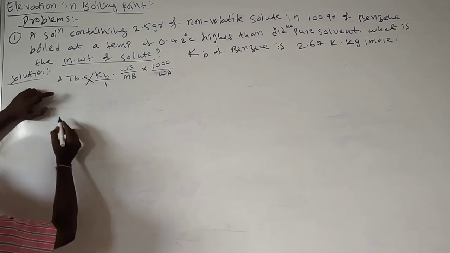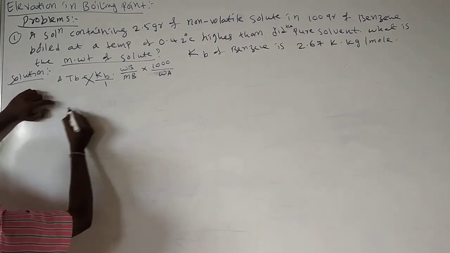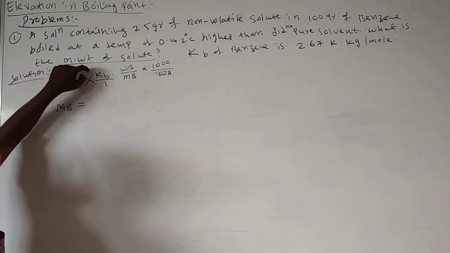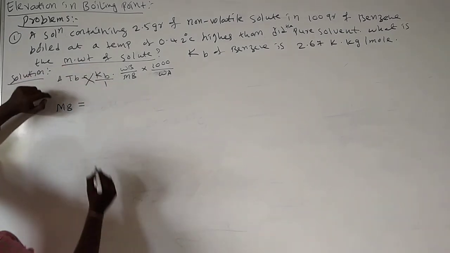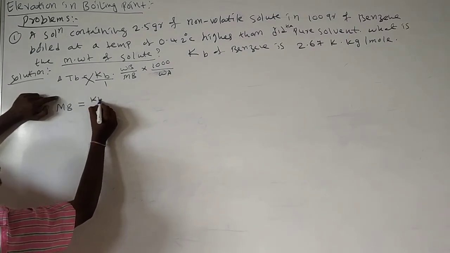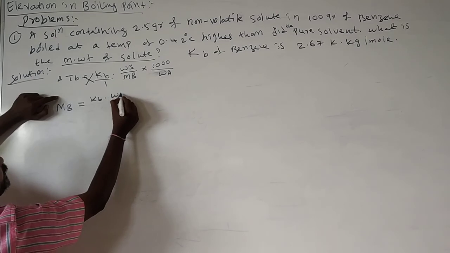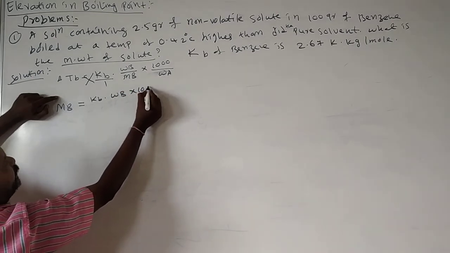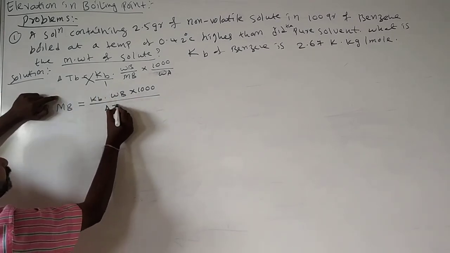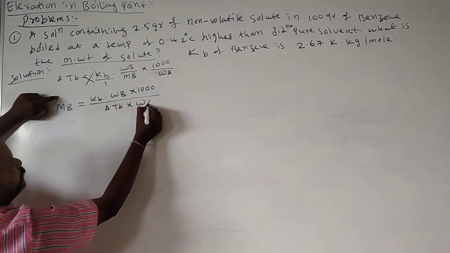You take cross multiplication, Mb comes this side. Mb is equal to Kb into Wb into 1000 by delta Tb into Wa.